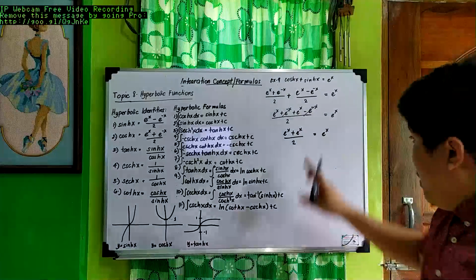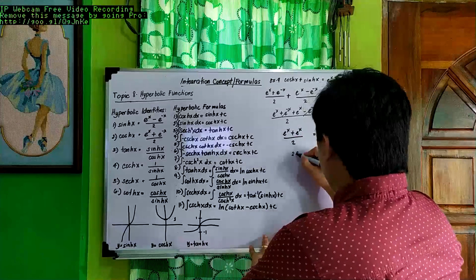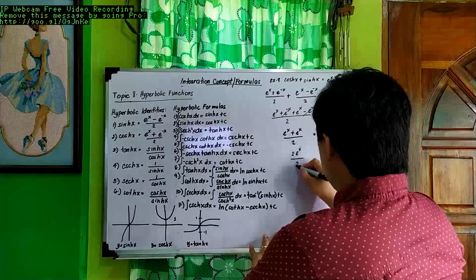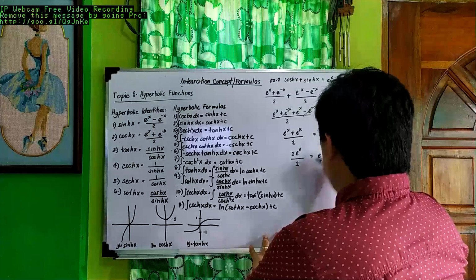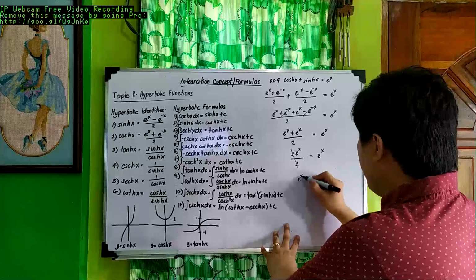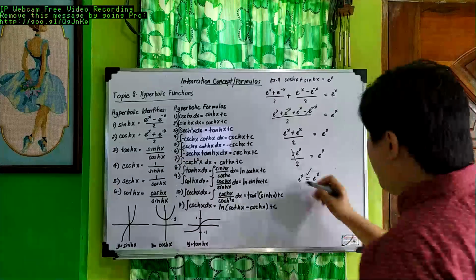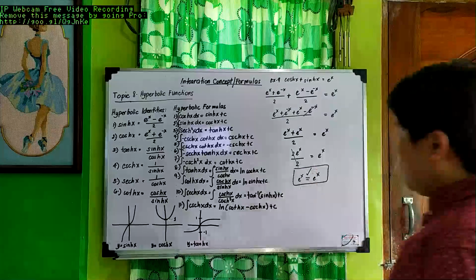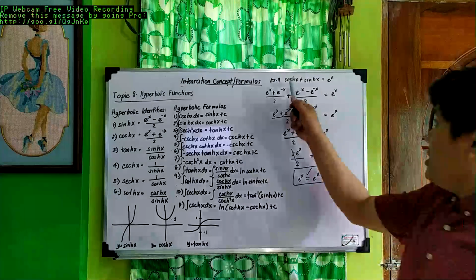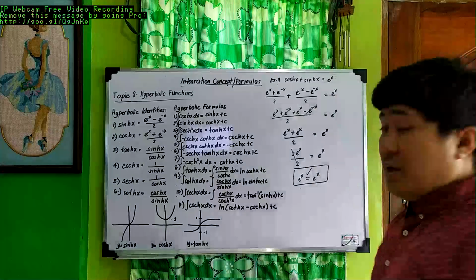So, when we add, you have 2 e raised to the power of x over 2 equals e raised to the power of x. So, therefore, we can cancel this one, and we have e raised to the power of x, which is equal to e raised to the power of x. So, therefore, when we integrate this one, we could also integrate it using exponential.